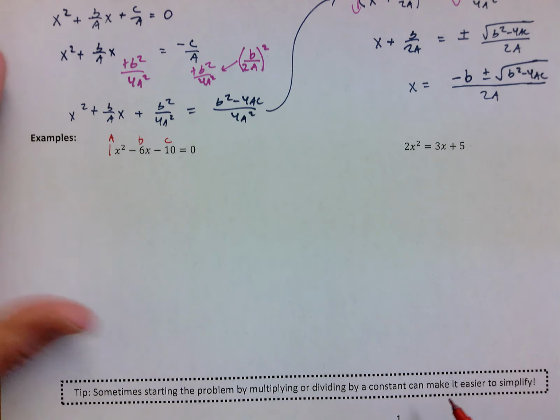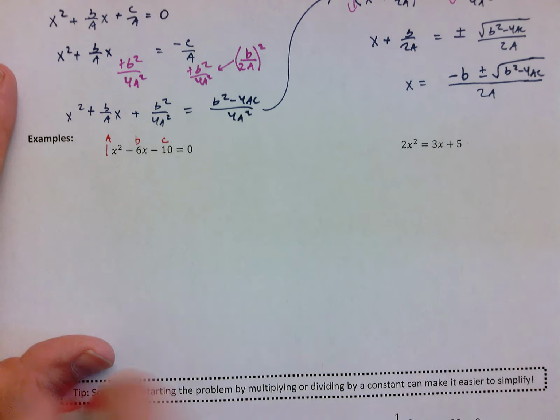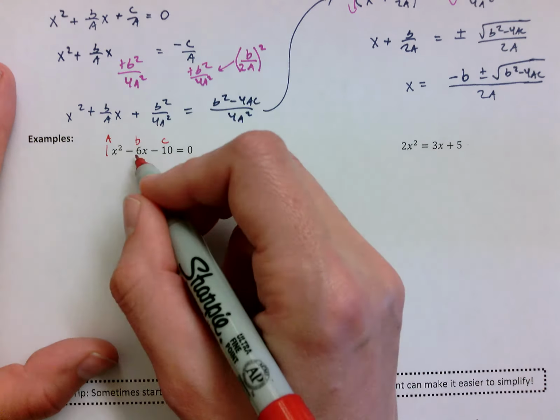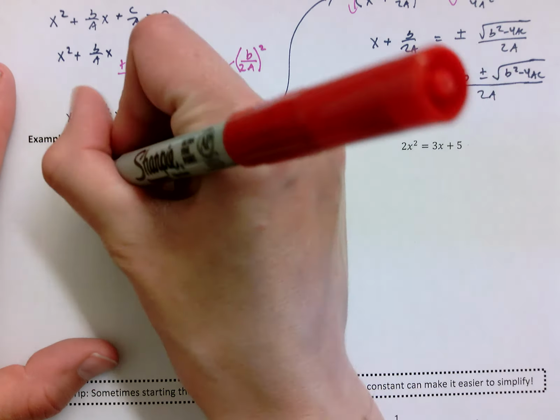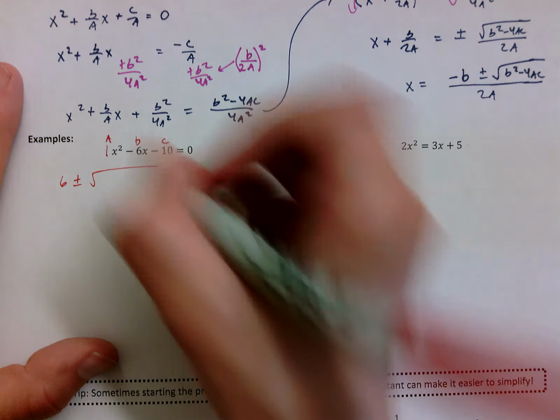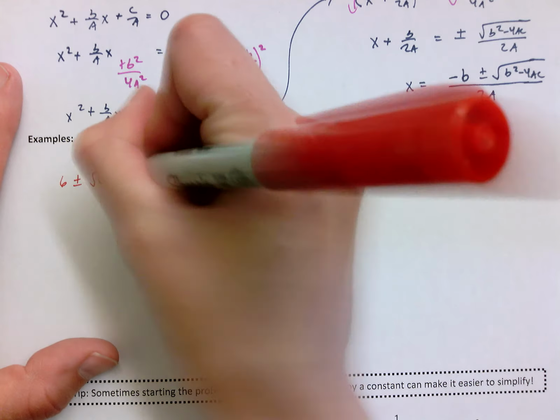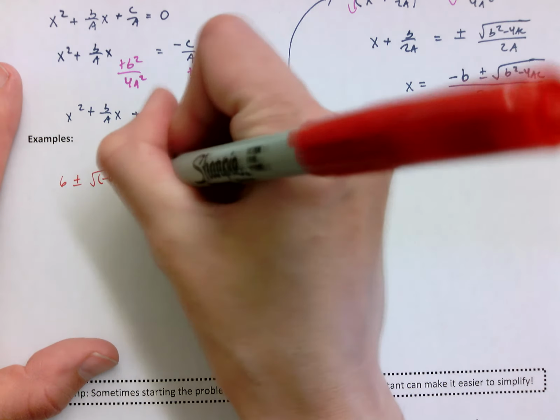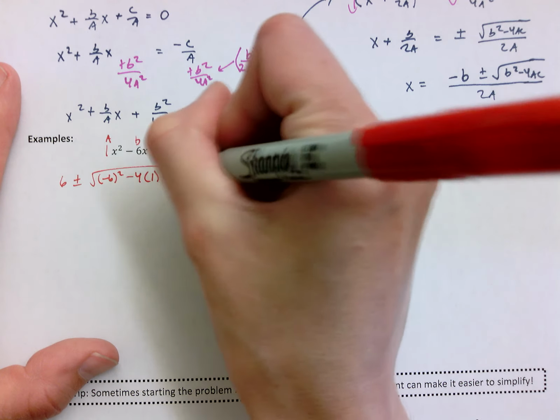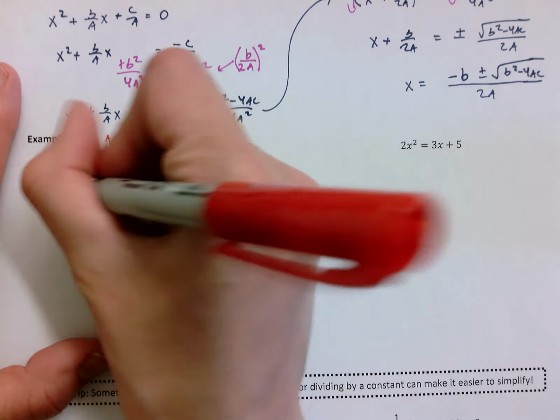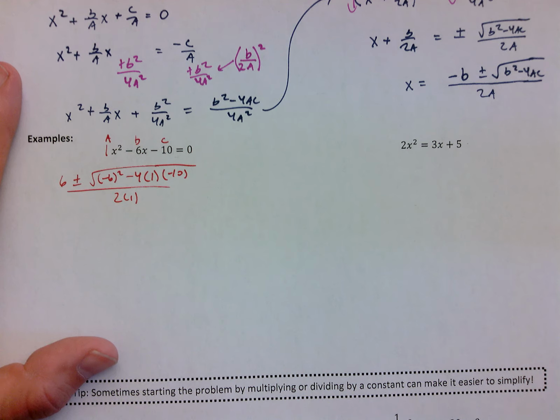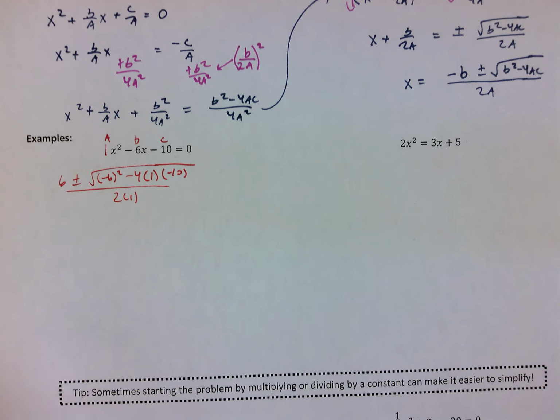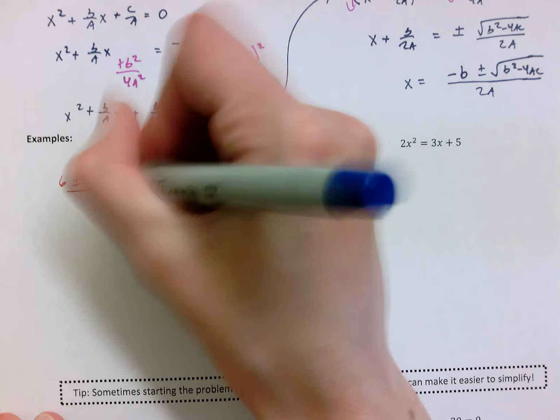Okay, and then we just plug and chug into the expression. The opposite of b is negative 6, so that's going to be positive 6, plus or minus the big square root of b squared, so negative 6 squared, minus 4 times a times c, all over 2 times a. All right, and then when I simplify this, I'm going to do 3 things at the same time. Step 1, square this.